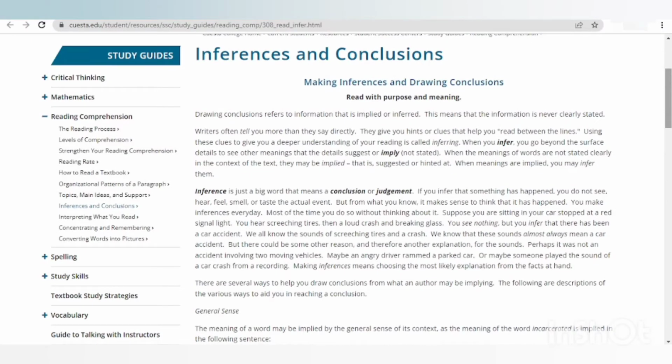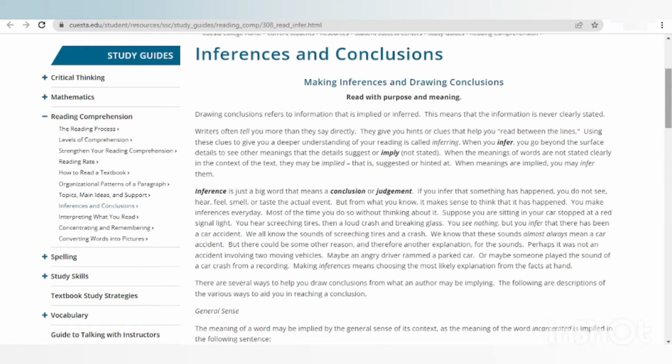So basically, as I was saying about inferences, drawing conclusions refers to information that is implied or inferred. Keep in mind, inferred or implied is something that is not explicitly stated. This means that the information is never clearly stated. Writers often tell you more than they say directly.